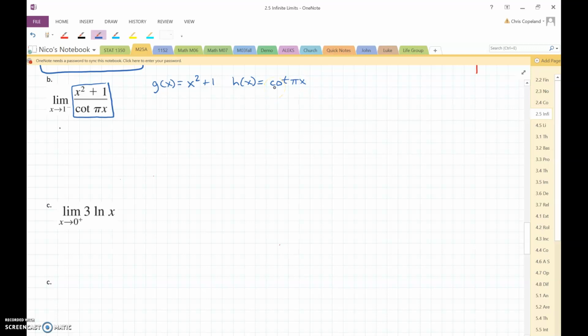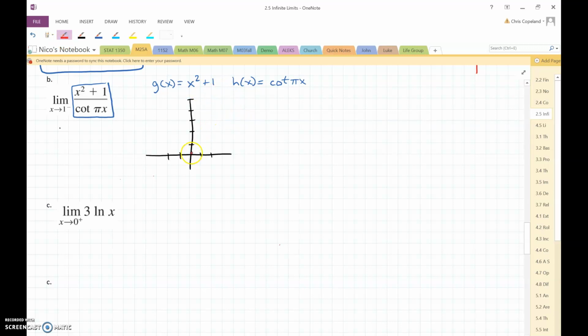So first of all, let's graph the function x squared plus 1. Okay, this is going to be a parabola.